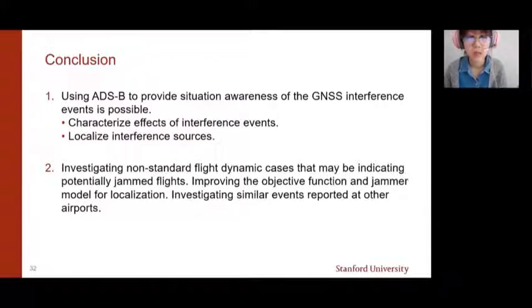Second, we want to improve the objective function and jammer model for localizing the interference source, because theoretically it could be a spherical shape, but in real life it would be some different model that's more complicated than that. And last but not least, we want to investigate more similar interference events that were reported at other airports and see if there are any new outcomes and results.